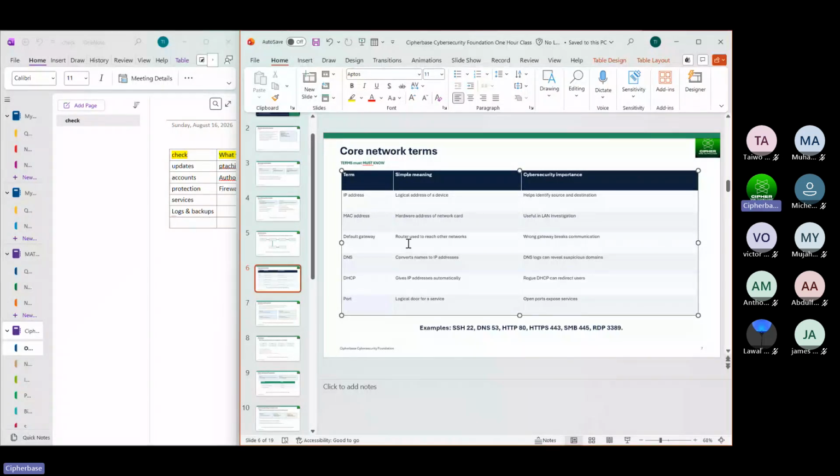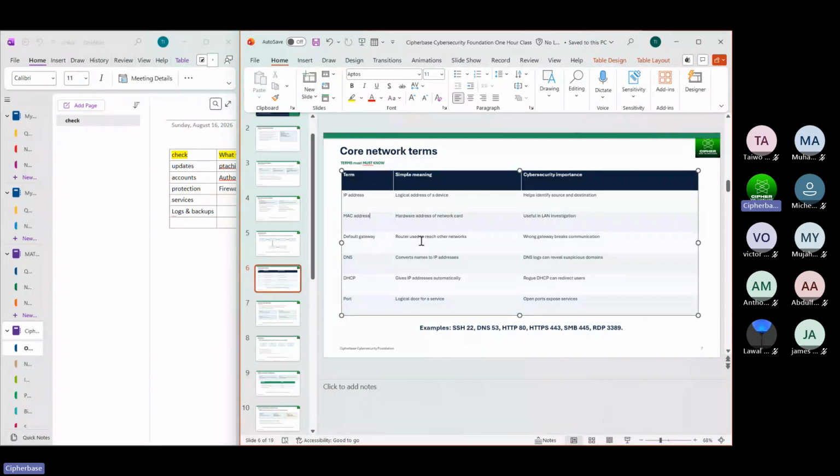And also we have a protocol here. Let me just define that. That one is just the rules for communications. Then gateway, as you can see here, router used to reach other networks. That's what router use. We talk about this, especially network security.